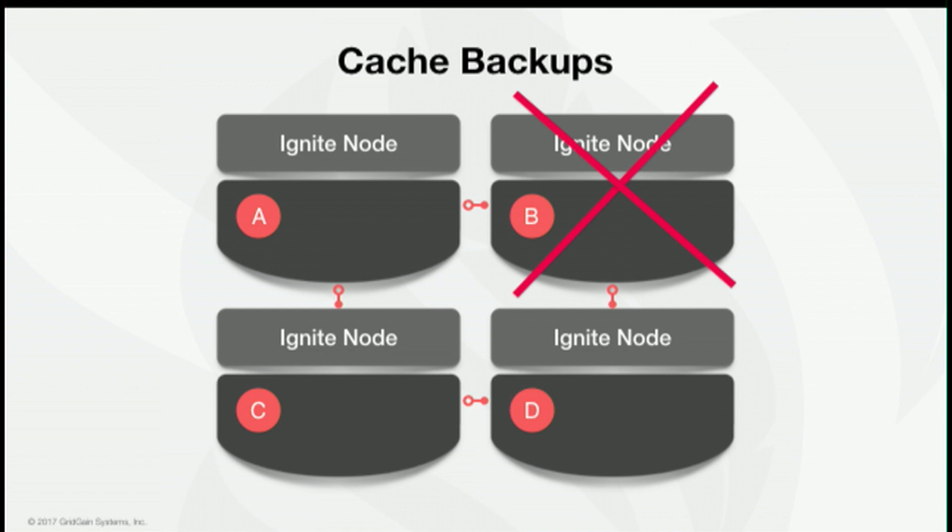So to solve this problem, we do a simple thing. We just configure one backup on this cache. Having a backup means that for every entry in the cache, we will have another copy. So it will look something like this. There will be a second copy of every piece of data somewhere else in the cluster.